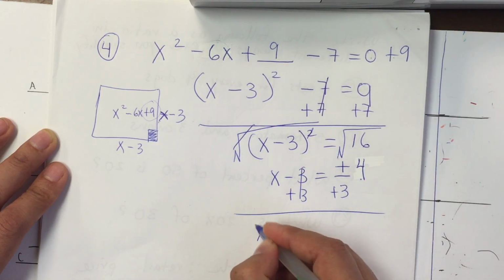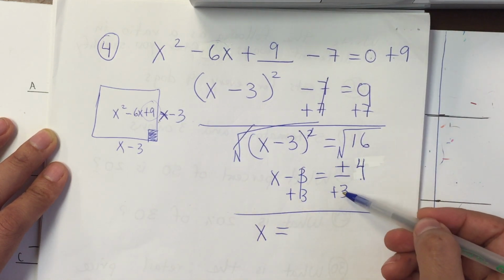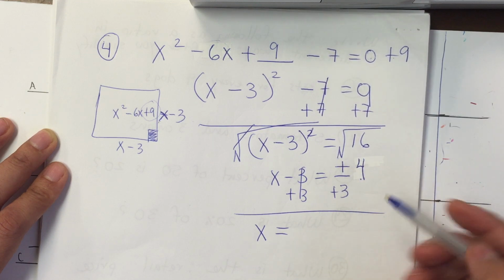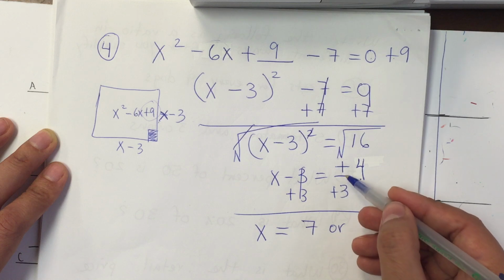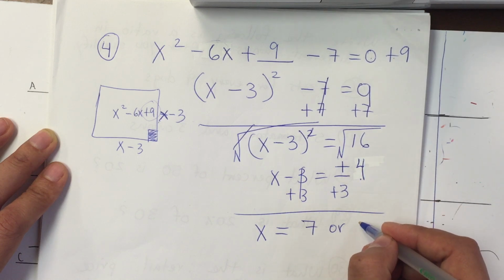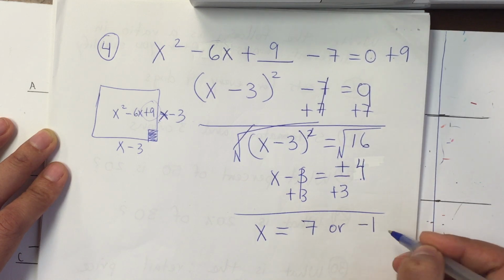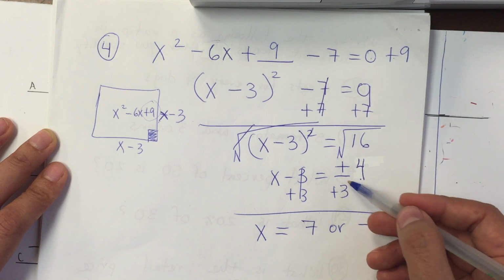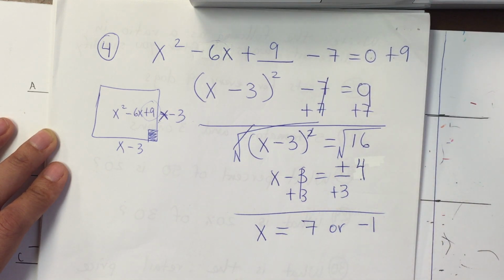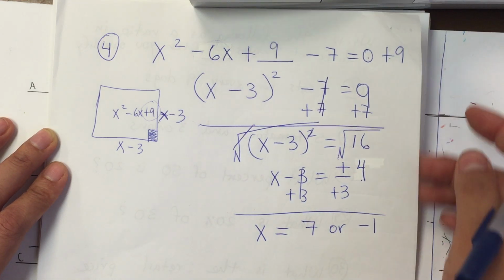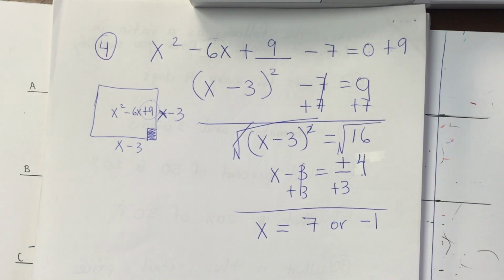And so x is equal to 3 plus 4, 7, or 3 minus 4, it's -1. Okay, when there are different signs, we subtract and leave the sign of the bigger one. Okay, take a minute to write it down. And you can always pause it.